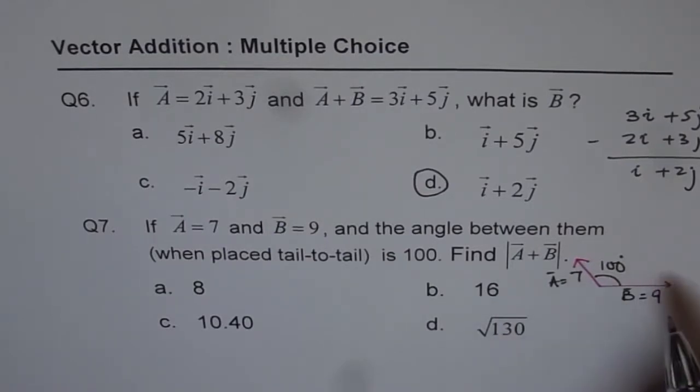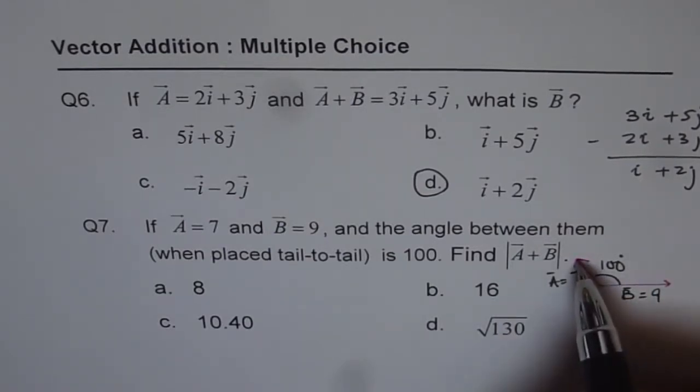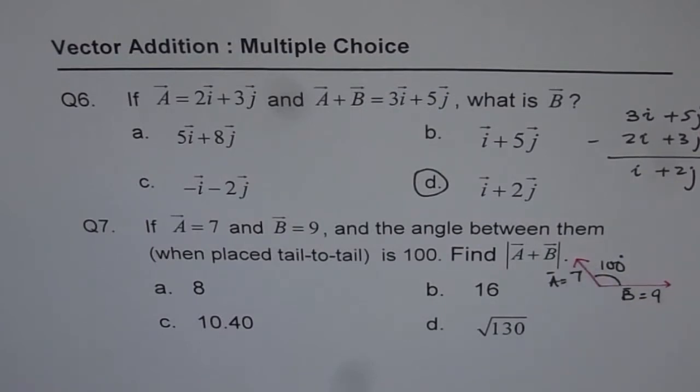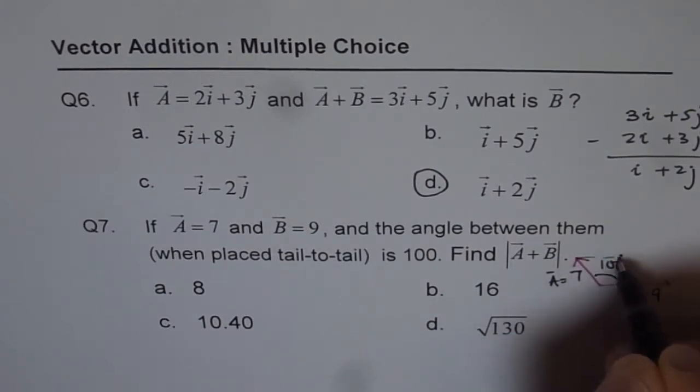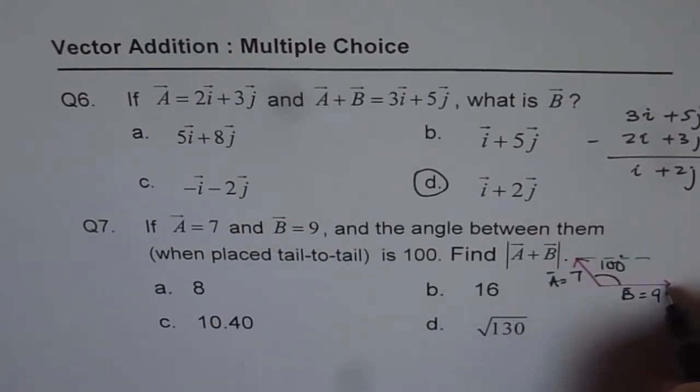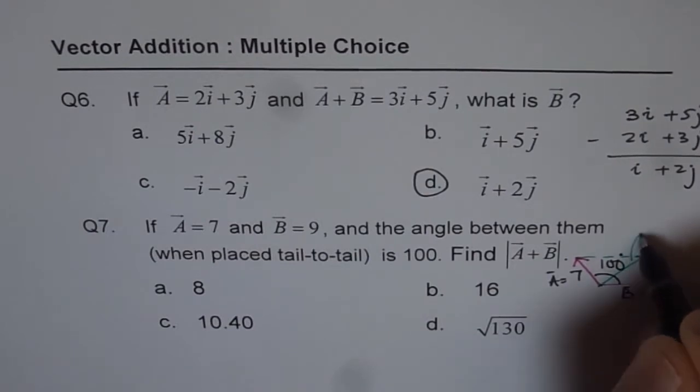So let's do A plus B. So A is given to us as 7, and if I have to do A plus B, then I will draw from A a parallelogram, correct? So we get to this place, and this side will represent A plus B to us.